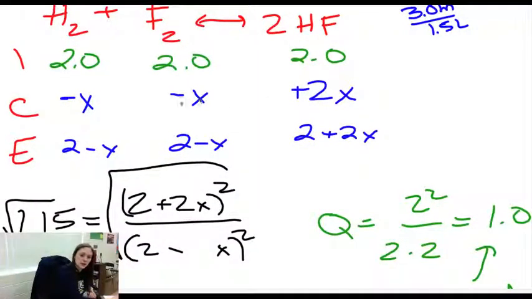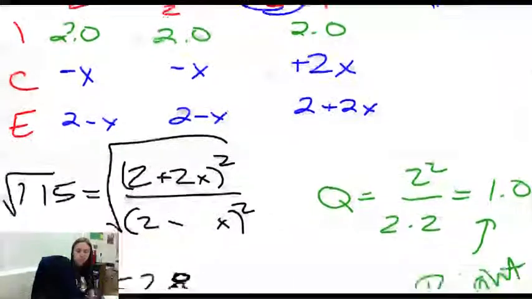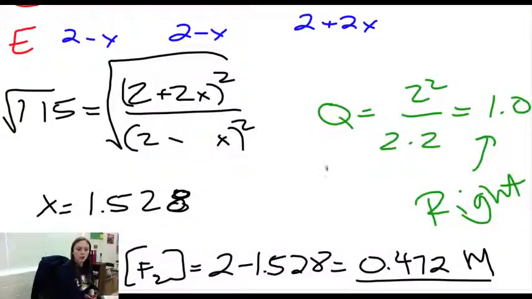So we go negative x, plus 2x. This is 2x because this is a 2. Remember I mentioned that in the last problem. And then I just go straight down the column for the E. 2 minus x, 2 minus x, 2 plus 2x. What we do this time is we again combine our like terms. I get 115 equals 2 plus 2x squared over 2 minus x squared.